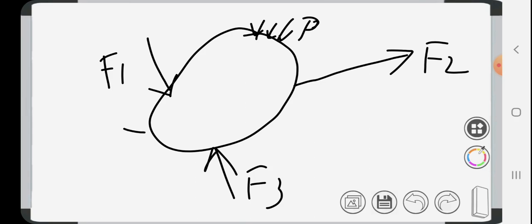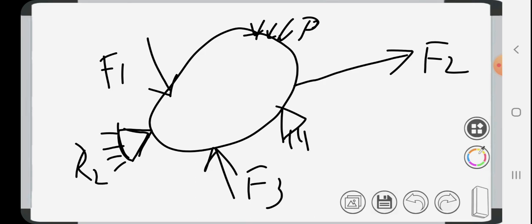And some reactions from supports. Here one support, here another support. So naturally there will be reaction forces R1, R2. Okay. So this element is subjected to a very complex loading.